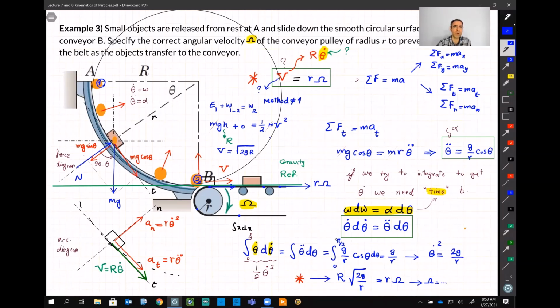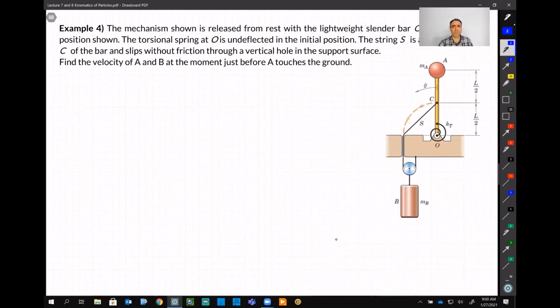In terms of what material we'll cover, it's everything that we cover up to now. So you will not have any question similar to this one, where you need to use the energy method.